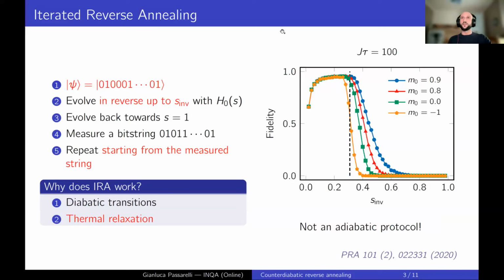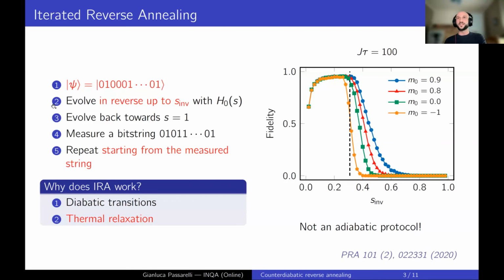And this is the reason why reverse annealing is actually useful in real devices. But in any case, this is not an adiabatic protocol. And given the title of my talk, which speaks about counterdiabatic reverse annealing, it is evident that you cannot apply counterdiabatic driving to iterated reverse annealing in this form here.